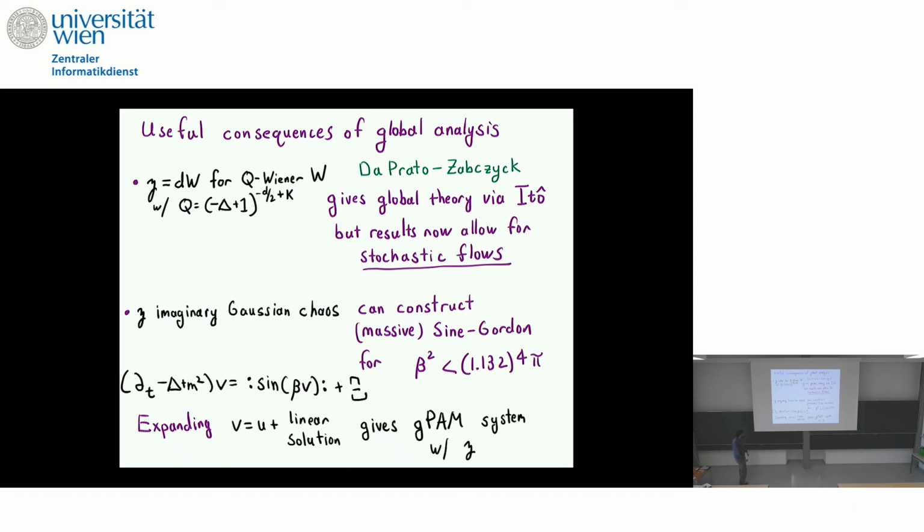And then if you do the Da Prato-Debussche trick, if you expand about the solution to the linear stochastic heat equation, and you use trigonometric addition formulas or just facts about complex exponentials, then you can see that the remainder satisfies a gPAM system where basically the sigma is given by complex exponentials. Well, there are actually two sigmas and two noises. The sigmas are complex exponentials, and the noises are imaginary Gaussian chaoses.